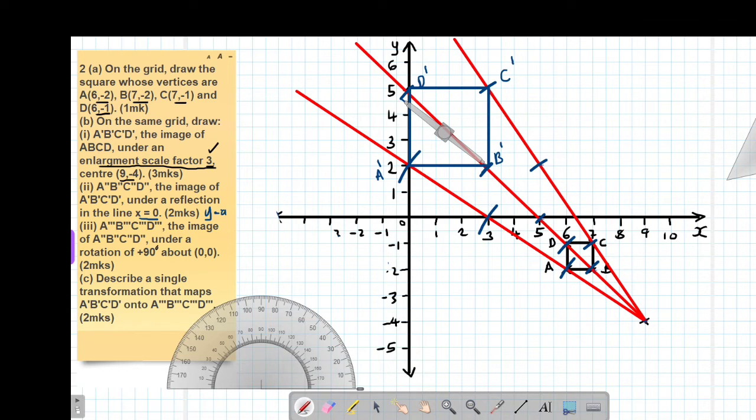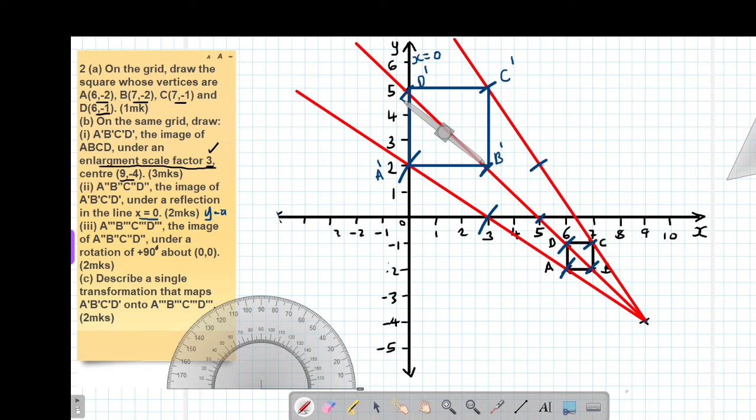That is our y-axis. We need to label it. So this is the line that we are calling line x equals 0. That is our y-axis. So we need to reflect it through this particular line.